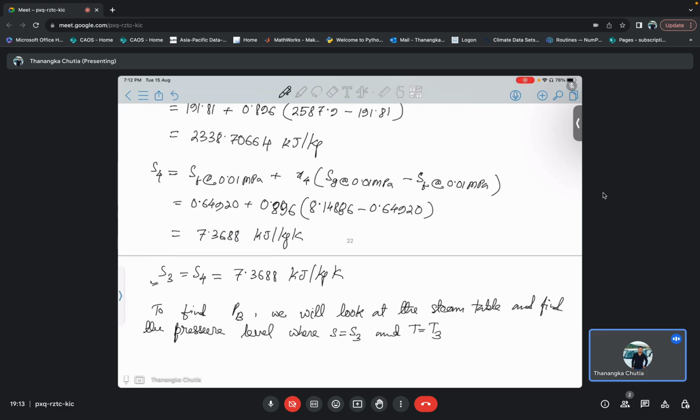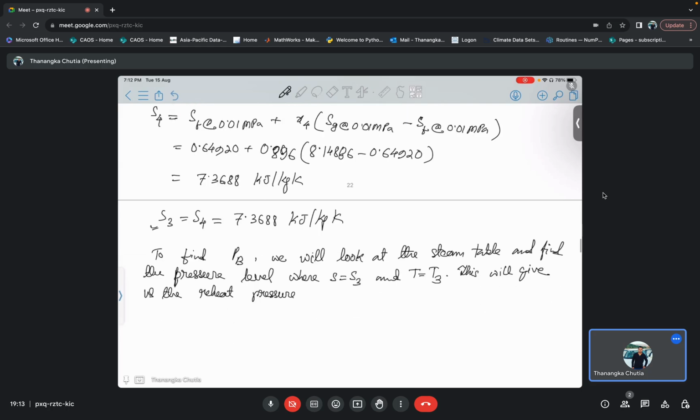This will give us the reheat pressure. So you go and look at the steam table. What you will get is PB equal to 4 megapascal.